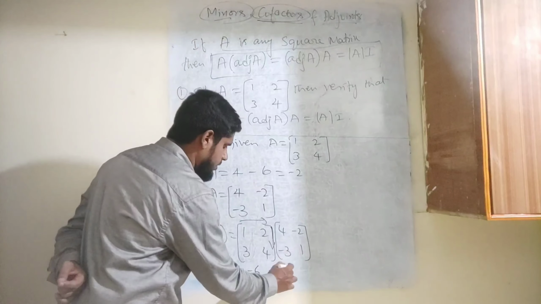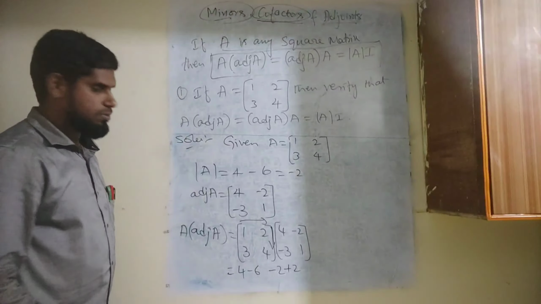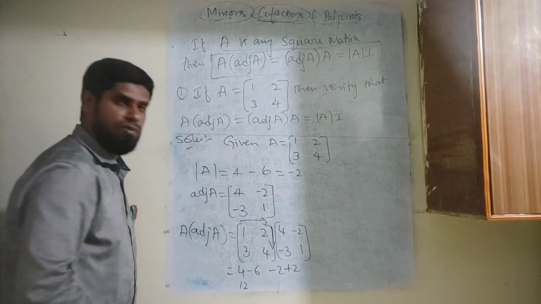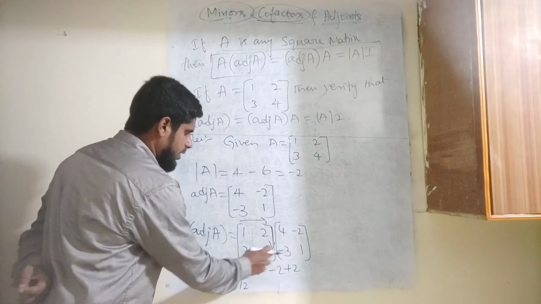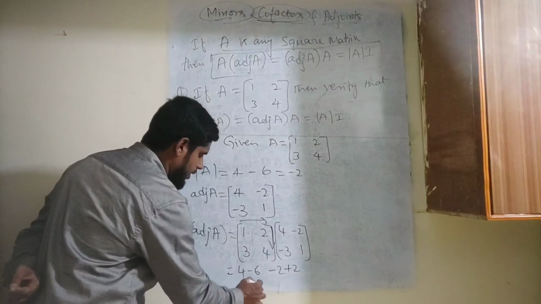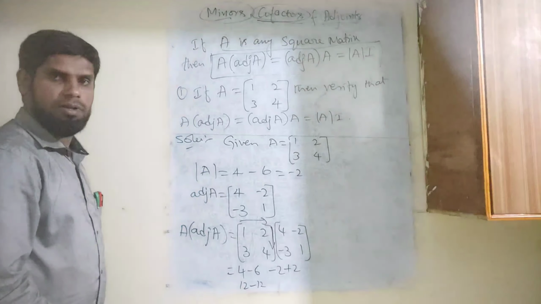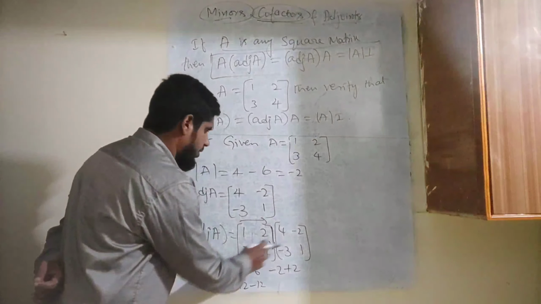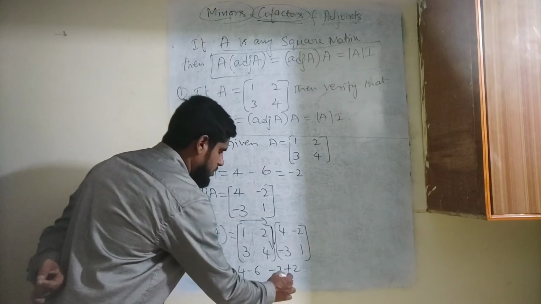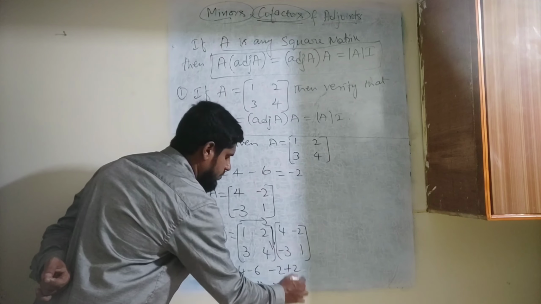Then 2 into 1 is plus 2. 3 into 4 is 12. Next, 4 into minus 3 is minus 12. Next, 3 into minus 2 is minus 6. Plus 4 into 1 is 4.